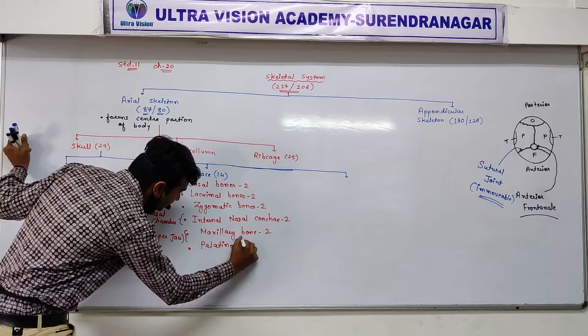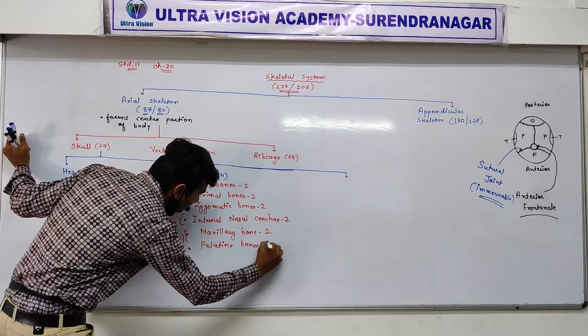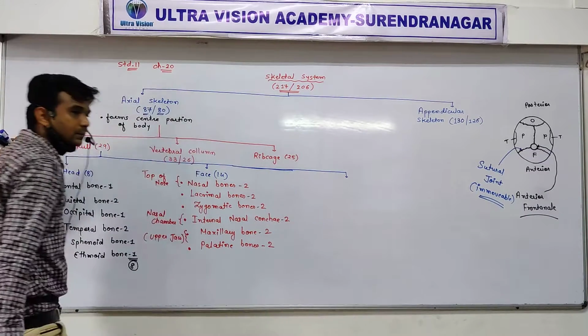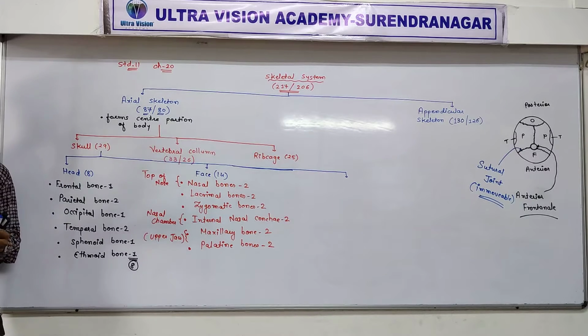Palatine bones are two. It forms the hard palate. Okay, palatine bones here on the upper side of the buccal cavity. Palatine bone separates the nasal chamber from the oral cavity.